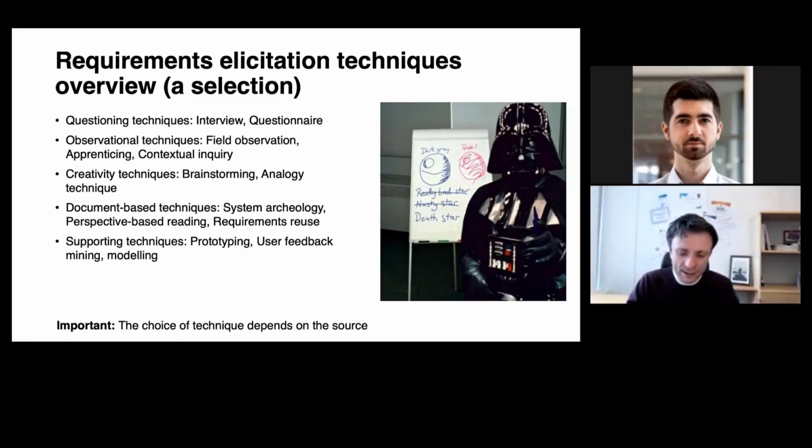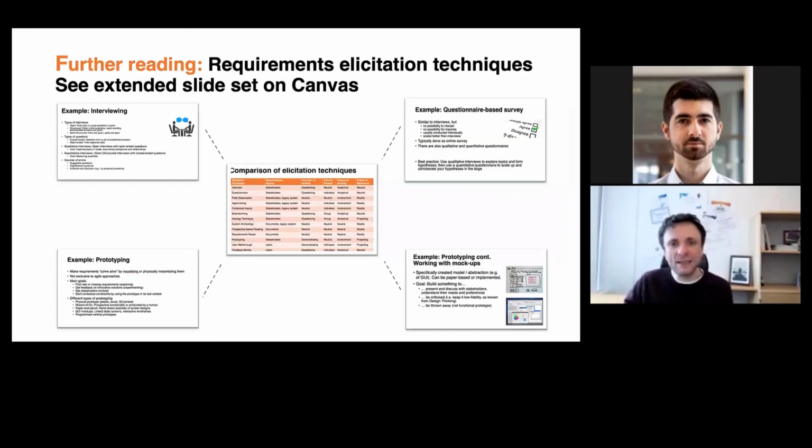Instead of introducing some bias and explaining my favorite techniques that might not be useful for you at all, I have created in the extended slide set a description of several techniques and a comparison of the different available techniques, so that you can look up those techniques that fit your specific project needs. Look them up, put some thoughts into them, and once you are at the point where you start planning your elicitation workshops, bring your ideas to the project Q&A sessions so that we can discuss them there.